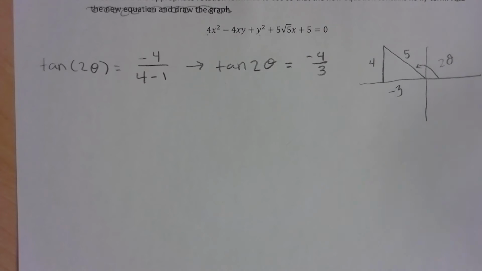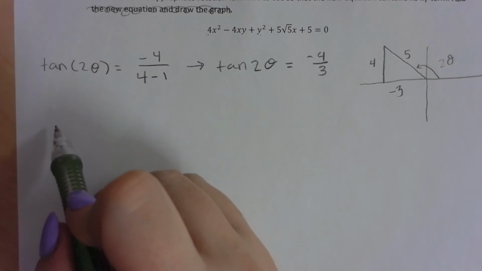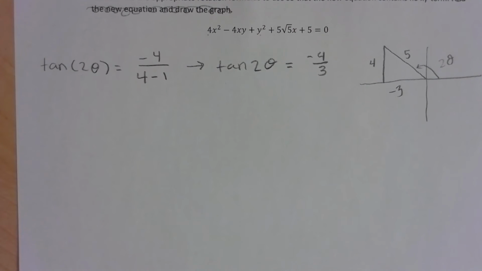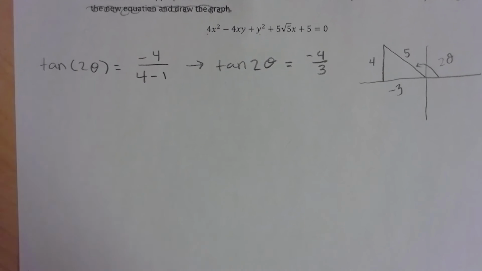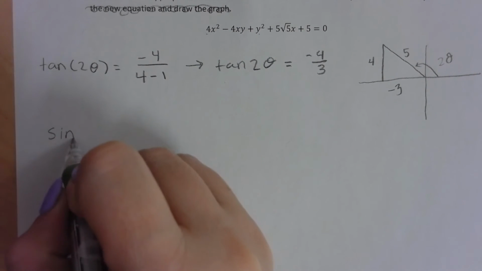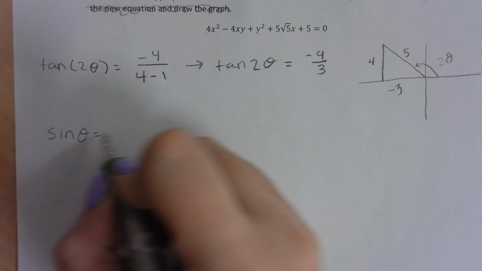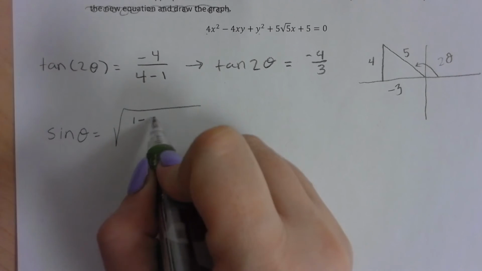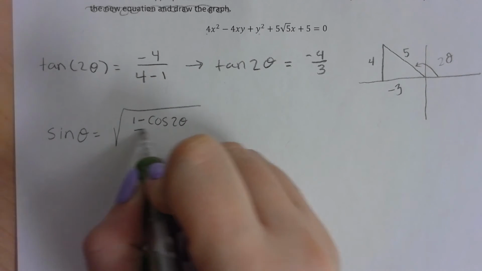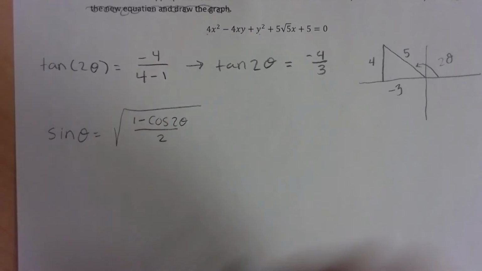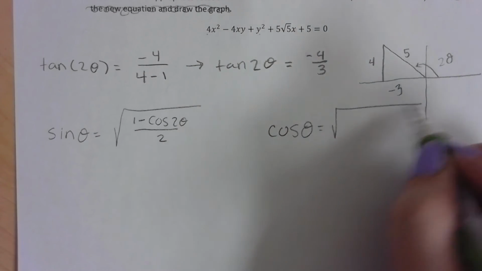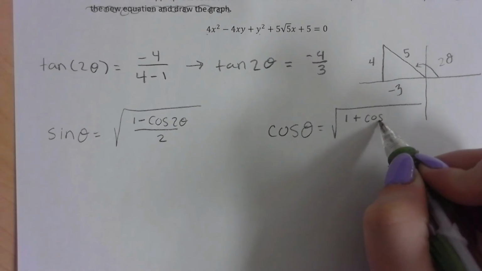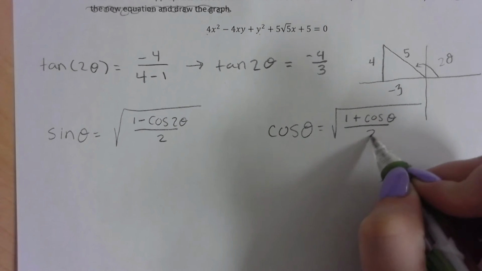I need to use my x and y equations, and to find them, I need to know what sine and cosine are. So we need to use our awesome formulas from chapter 7. Sine of theta is the square root of (1 minus cosine of 2 theta) over 2. And cosine of theta is the square root of (1 plus cosine of 2 theta) over 2.